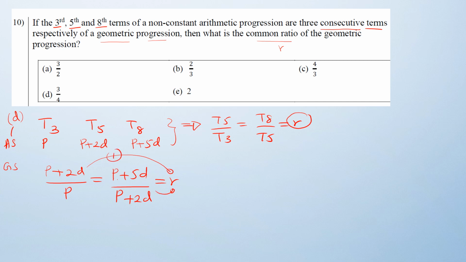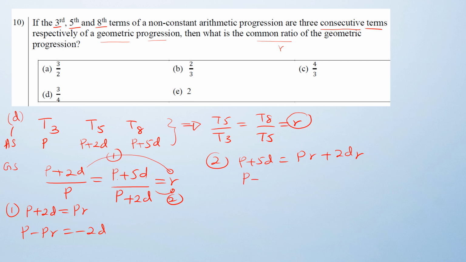When we consider the first one, we have P plus 2D equals PR according to the cross multiplication. So we have P minus PR as minus 2D. According to the second relation, we have P plus 5D as PR plus 2DR.